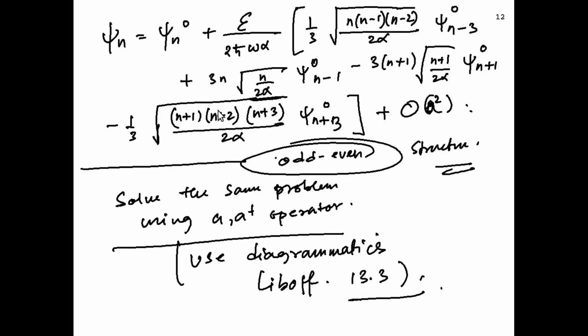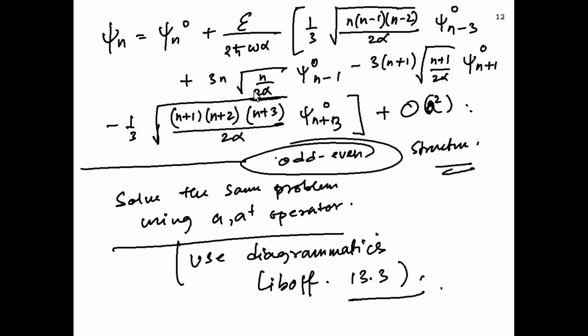If I write it down explicitly, this is how it will look, and you can see clearly that because of the odd character of the perturbation, only the terms of the form n minus 3, n minus 1, n plus 1, n plus 3 contribute in the correction.